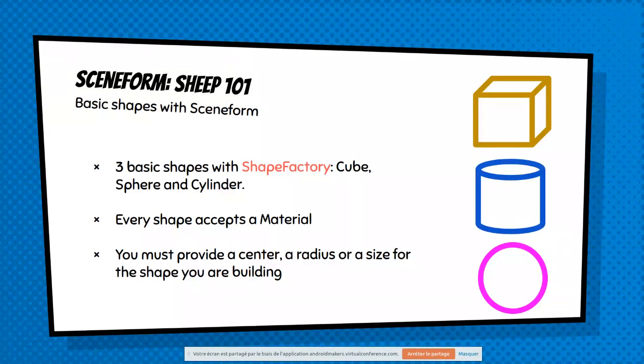You have a cube, you have a sphere, and you have a cylinder. Every shape can accept a material, which is the texture we loaded before, so a color or an image. And for adding this to the scene, you must provide a center, a radius, or a size, depending on the material you want to build and the shape you want to build.